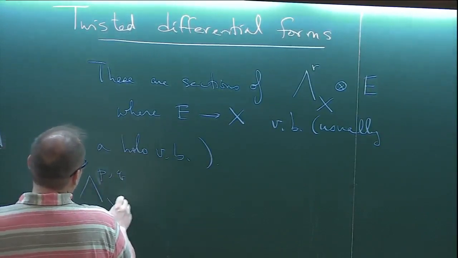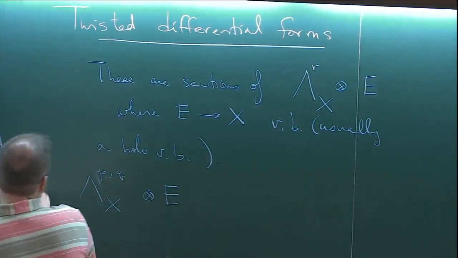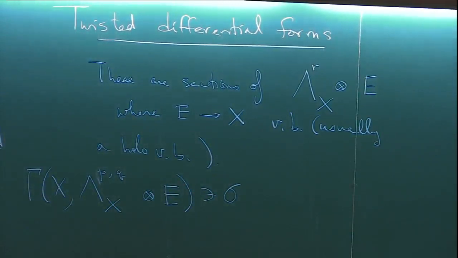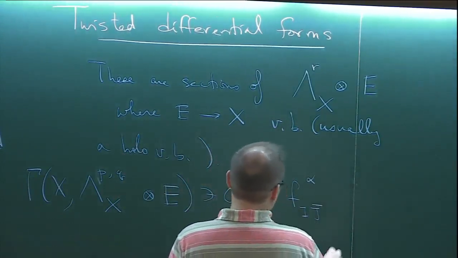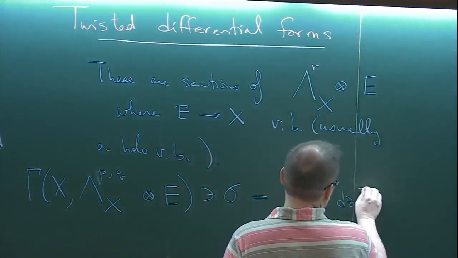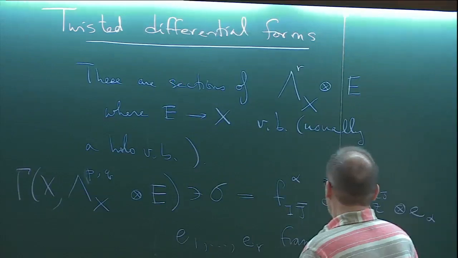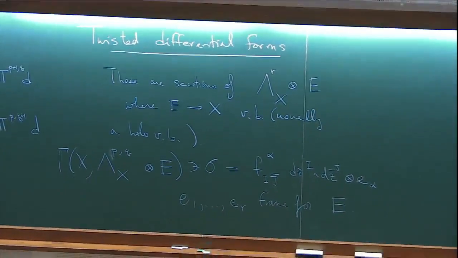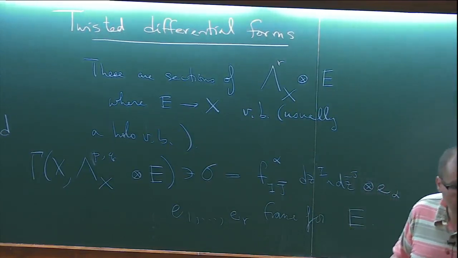So you can have Lambda^{p,q} X tensor E. Locally, if you have a section sigma of a twisted differential (p,q)-form, it will typically look like f_{α i j-bar} dz_i wedge dz-bar_j tensor e_α, where e_1 through e_r would be a frame for E. Now, these operators typically do not have an exterior derivative without some additional assumptions. And we're going to talk about those in just a moment.